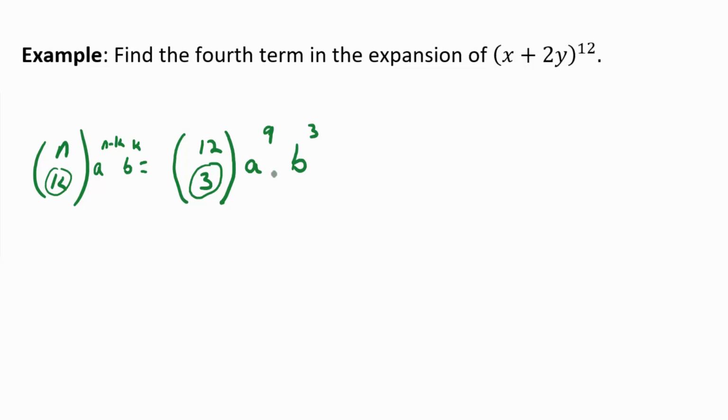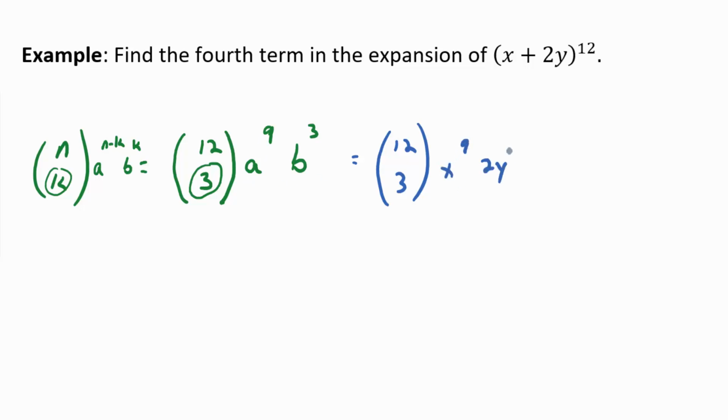But wait, there's more. Because we think of x as a and 2y as b, we've got to fill that in. So fill that in, what do we get? 12 choose 3, x to the 9th. Sorry, x to the 9th.